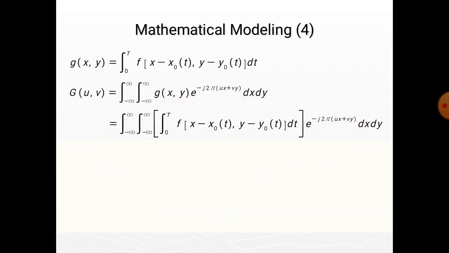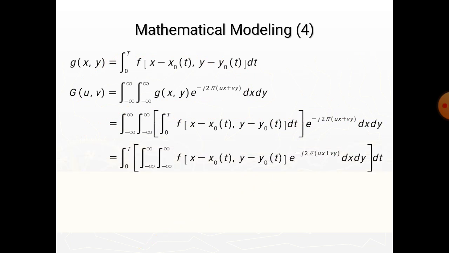By reversing the order of integration, it can be expressed as the integral from 0 to T of the integral from minus infinity to infinity of f(x minus x0(t), y minus y0(t)) times e raised to minus j2 pi (ux plus vy) dx dy dt.